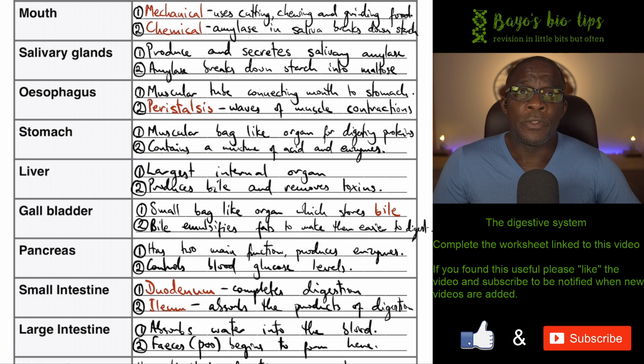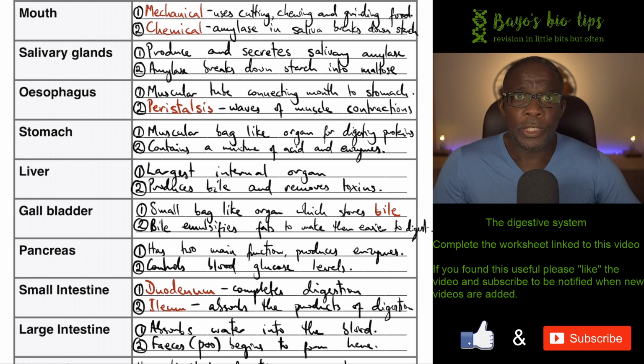Sphincters are rings of muscle. We'll come across another ring of muscle later, but they're rings of muscle which block off the top and the bottom of the stomach to prevent the contents shooting all over the place during churning. It also contains enzymes, proteases, which break down proteins into their component amino acids.